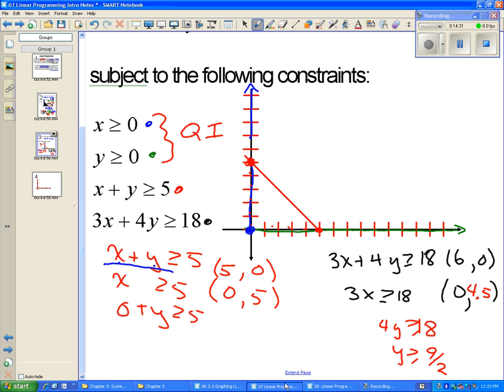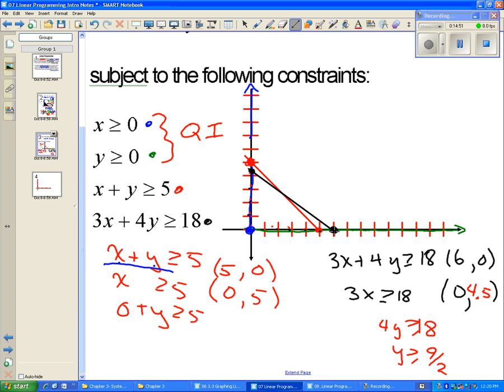So again, I'm in black in this one. I want 6, 0 and 0, 4.5. Let's get a black line for this one.